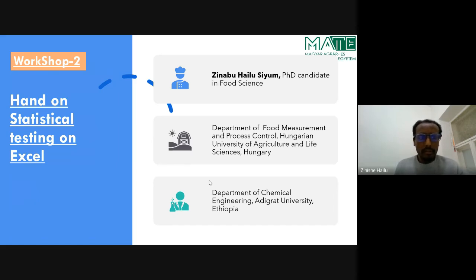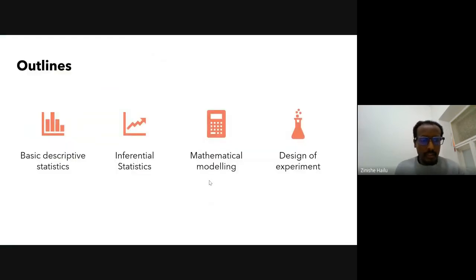I will continue the second workshop, which is focused on hands-on statistical testing analysis in Excel from the basic to the advanced level. We will see the basic descriptive statistics in Excel, and then the inferential statistics, especially hypothesis testing like t-testing, ANOVA, regression, and correlation.